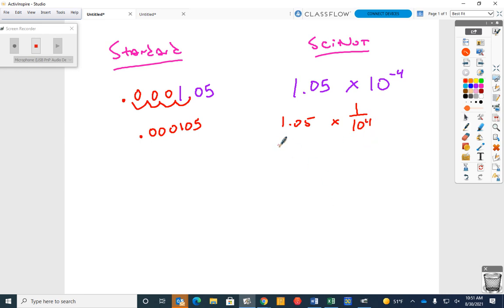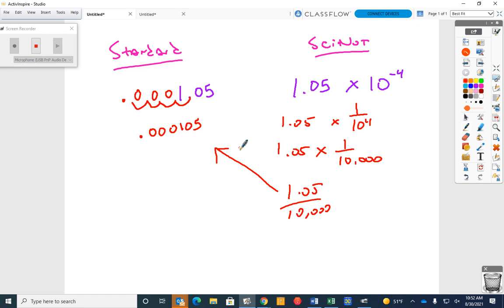Which means 1.05 times, what's 10 times 10? 100 times 10, 1,000. Times 10, 10,000. That's what this means. This means 1.05 divided by 10,000. Well, if you were to do this, you would get this. Does that make sense why it is now?